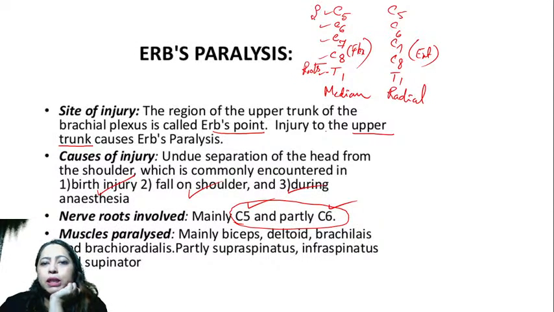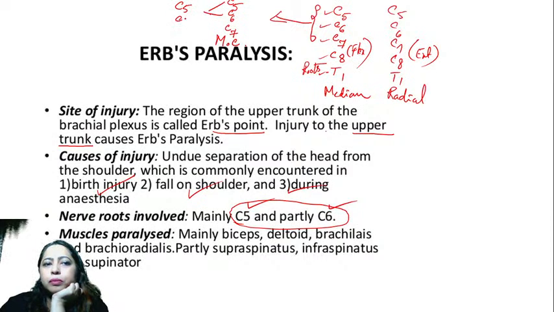Now, only these three, C5, C6, C7, will give rise to musculocutaneous. Only these two will give rise to axillary. This C8 and T1 will give rise to the ulnar nerve.